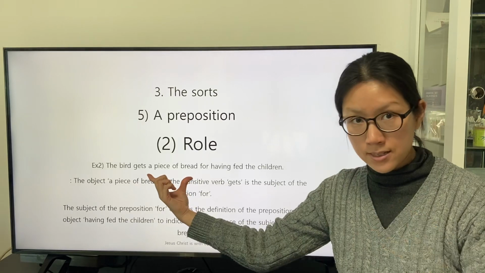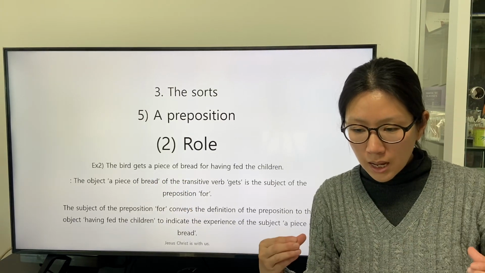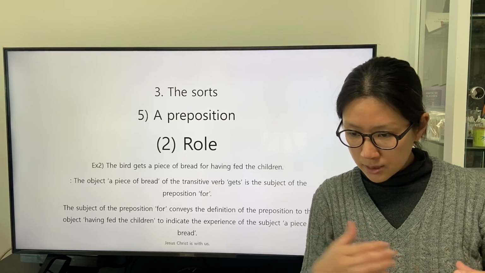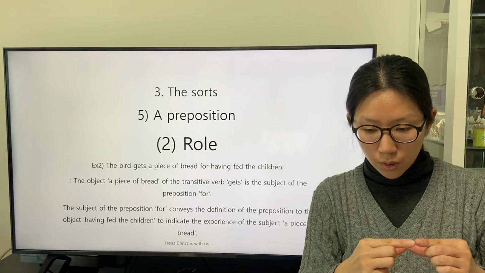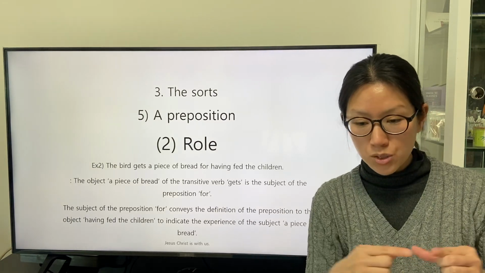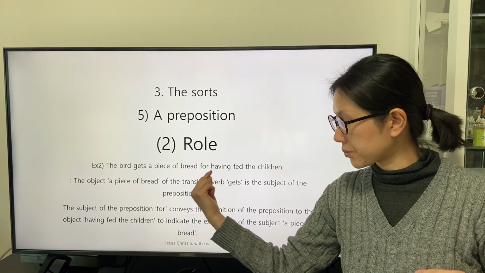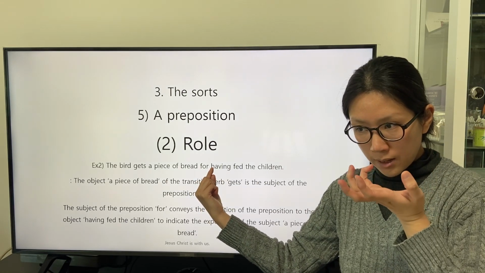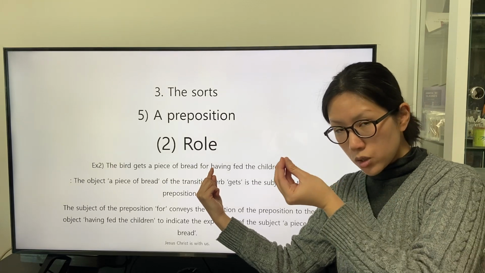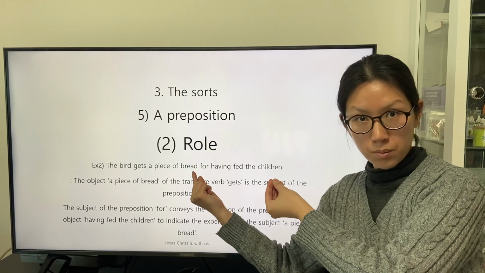The subject exists for a purpose, and that purpose is on the premise of the duration. That duration is the period as the premise to apply a gerund as the object of the preposition for.